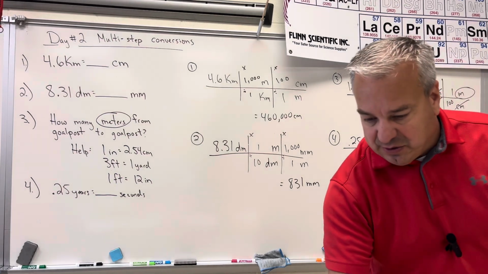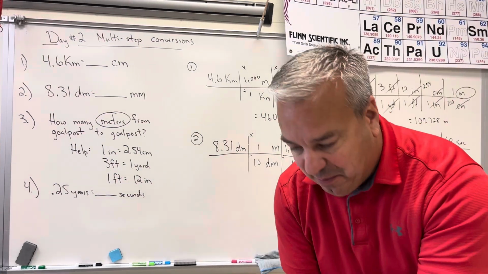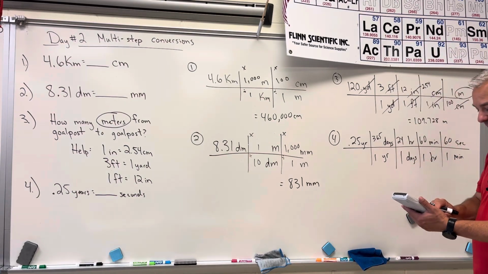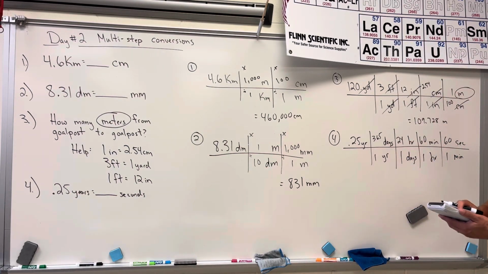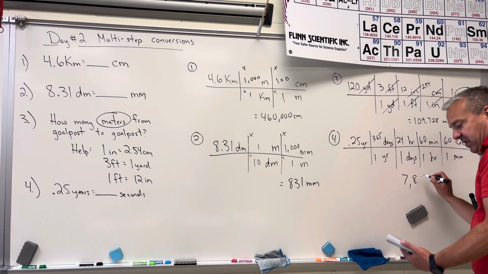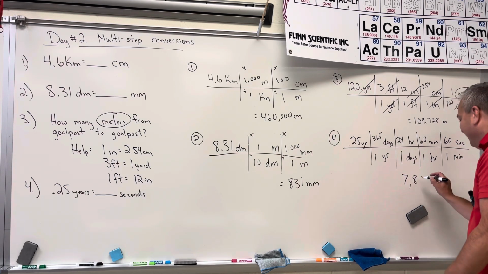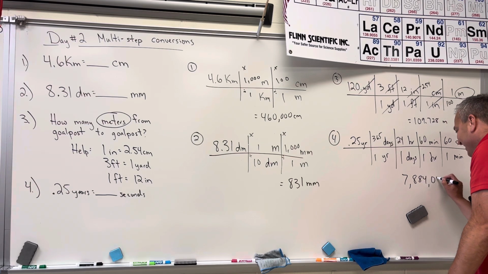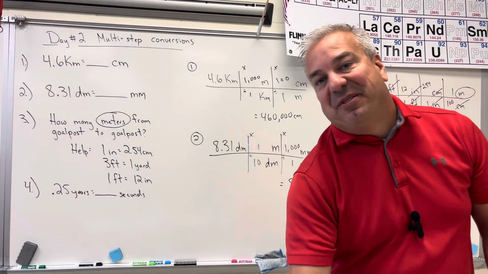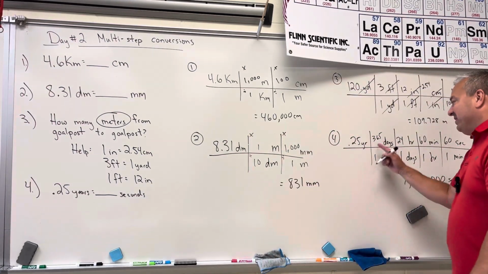So if I go into my calculator and plug all this in, 0.25 times 365 times 24 times 60 times 60, I'll get 7,884,000 seconds.